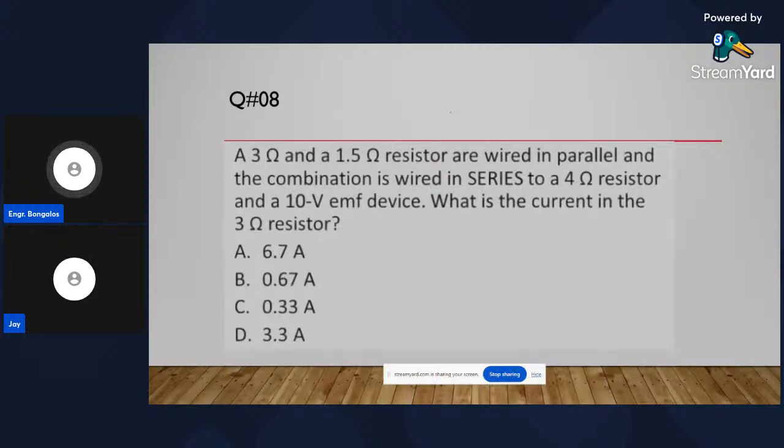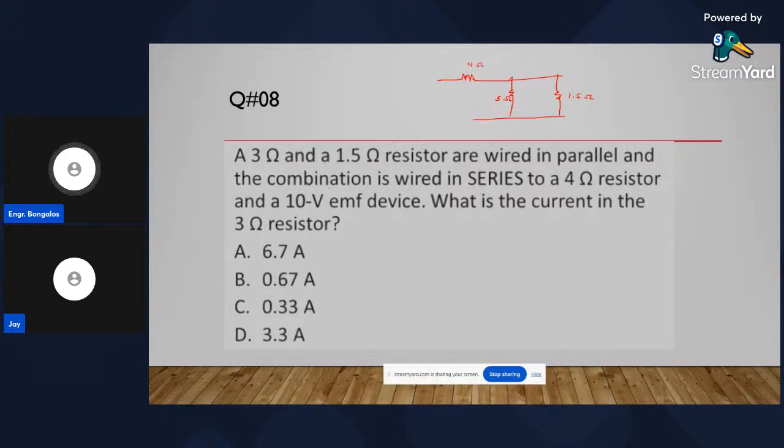So, yung 3 ohms daw and 1.5 ohms is connected in parallel. Tapos, yung combination daw nila is connected in series in 4 ohms resistor. So, 4 ohms.